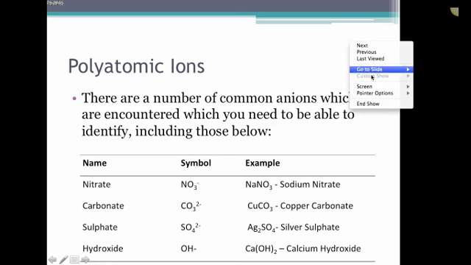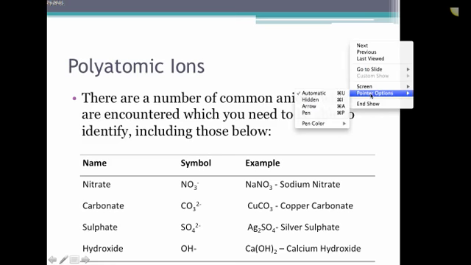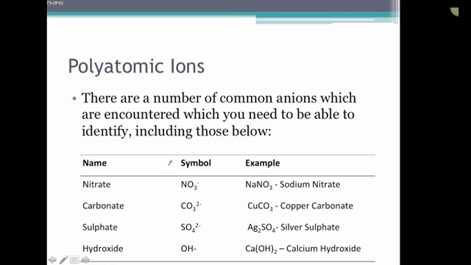Hang on, if I just go to my pen here, I might need this. So the first one that I want you to remember is nitrate. There it is there. What does it look like? Well, it's got a nitrogen atom stuck to 3 oxygen atoms, and there's a net charge of 1-, so it's written as NO3 with a superscript minus sign on it.